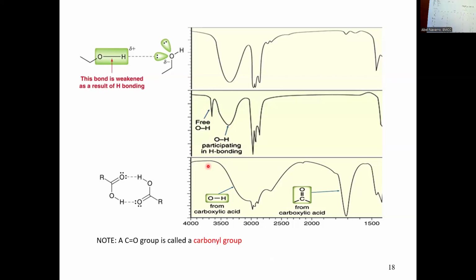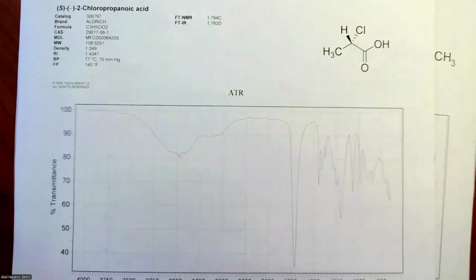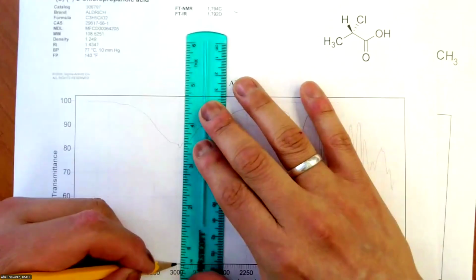Okay, so that's the carboxylic acid. I have some examples of carboxylic acid. Just give me a second until I find it. Carboxylic, where are you? Okay, I have here my carboxylic acid. Let's pause the sharing. All right, carboxylic acid, that's the structure. Let's do a 3000 line.